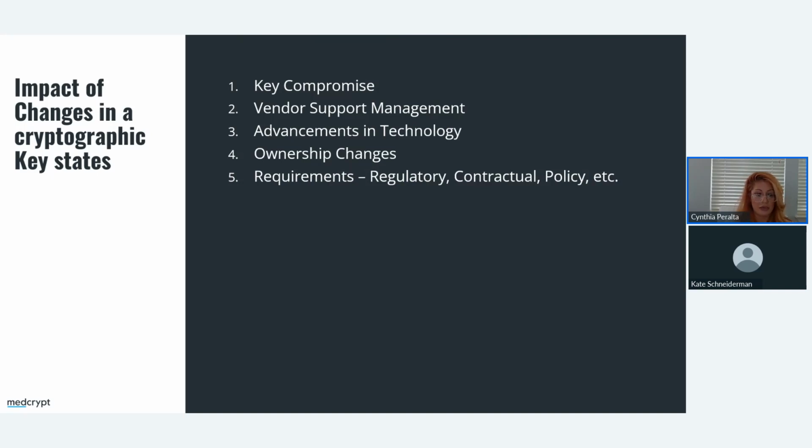Those are various reasons for the impacts of changes in cryptographic key states that we should all be aware of, and I'm sure there are a lot more to consider, but these are just some top items that come to mind.